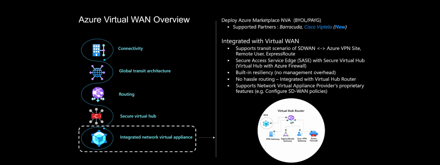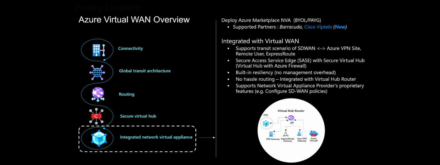You don't have to log into these virtual appliances to configure routing in two different places between the virtual WAN and this network virtual appliance. And you still get all the advantages of the provider's proprietary features. So I can take advantage of all of the Barracuda features or all of the Cisco Viptela features without sacrificing any of that capability.